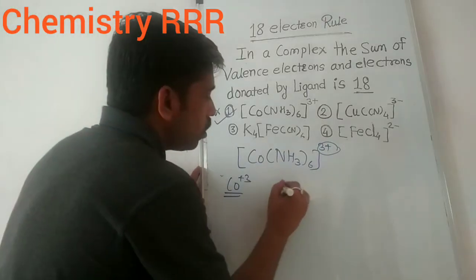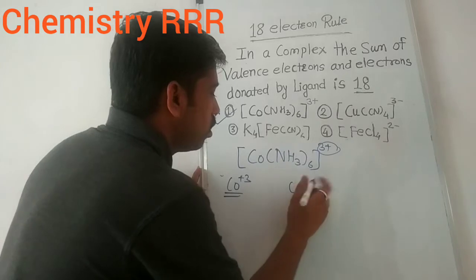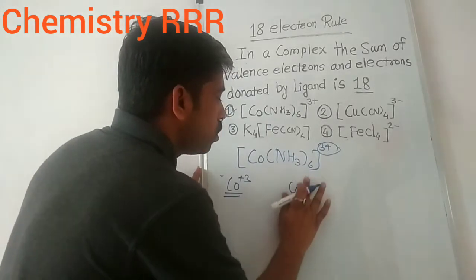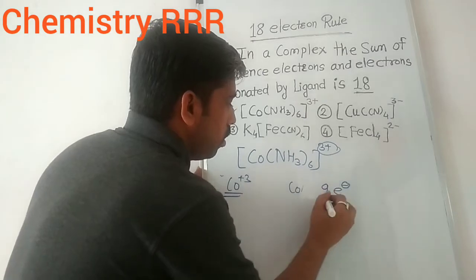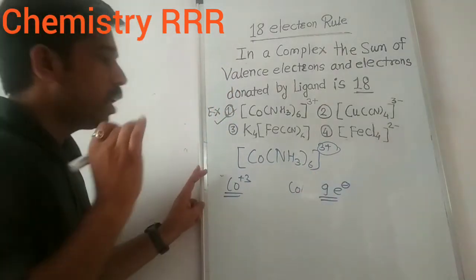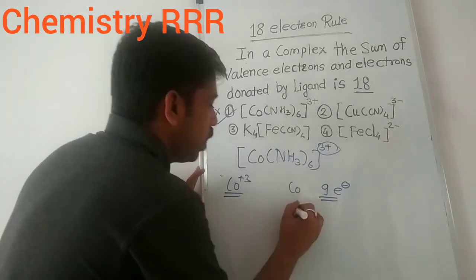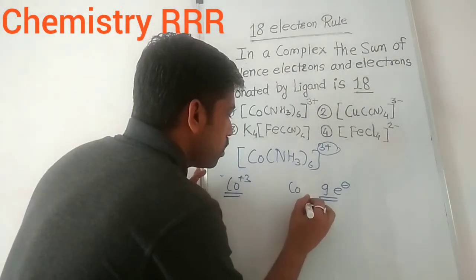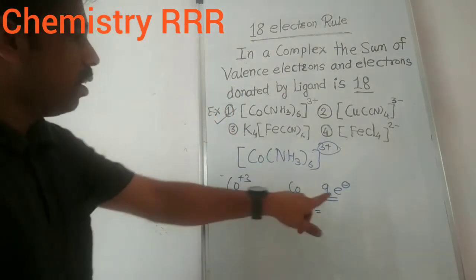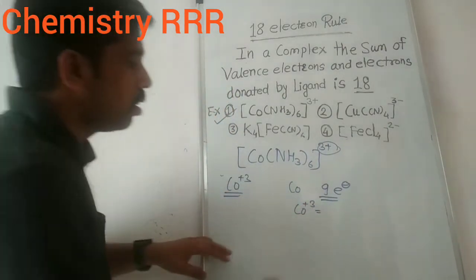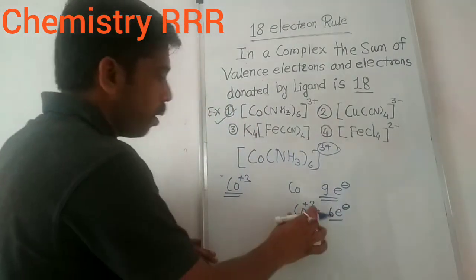Now you know the number of valence electrons present in cobalt in the 0 oxidation state is 9 electrons. 9 valence electrons are present when cobalt is in the 0 oxidation state. Now when cobalt is in the +3 oxidation state, then 9 minus 3, that is 6 valence electrons, are present in cobalt +3.